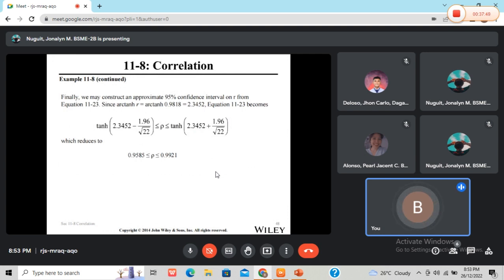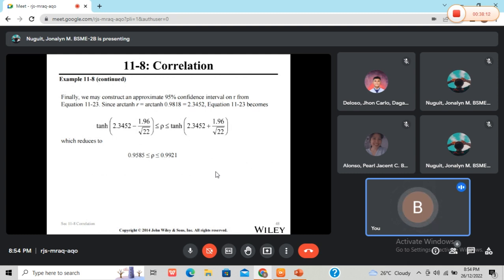So finally, we may construct an approximate 95% confidence interval on rho from equation 11-23, since we have the inverse hyperbolic arctangent of 0.9818 equal to 2.3452.